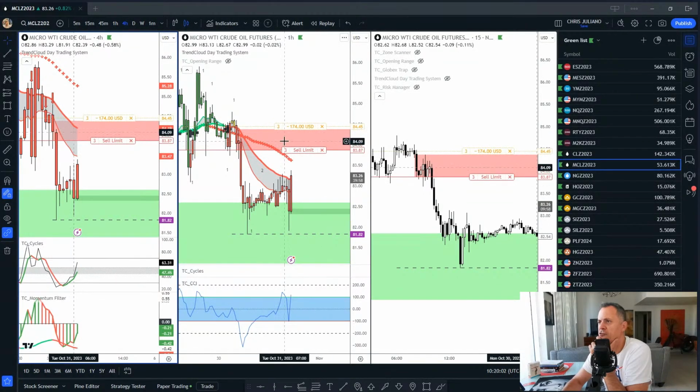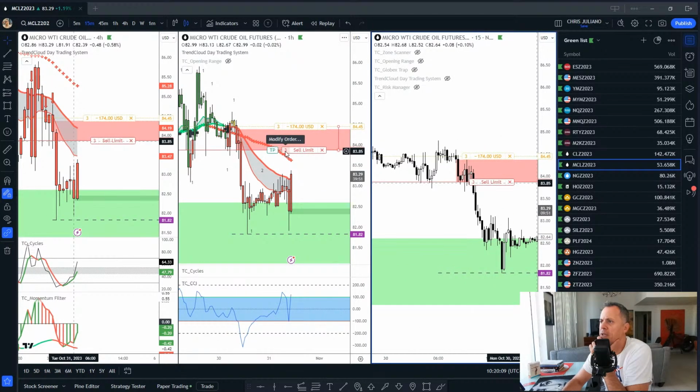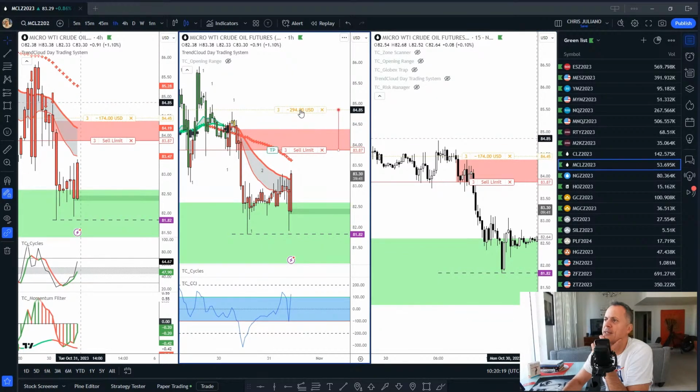So it's an aggressive entry. We could take that, but that's just a little too wide to take it all the way up here.